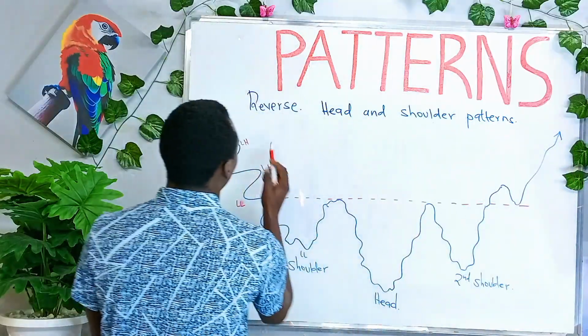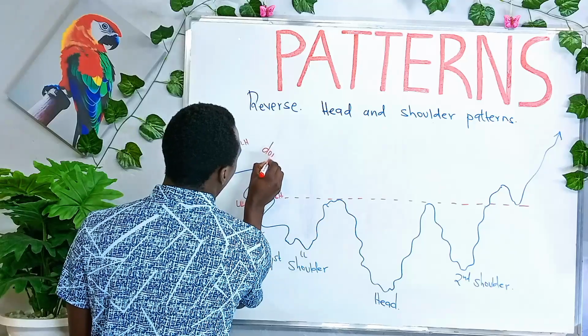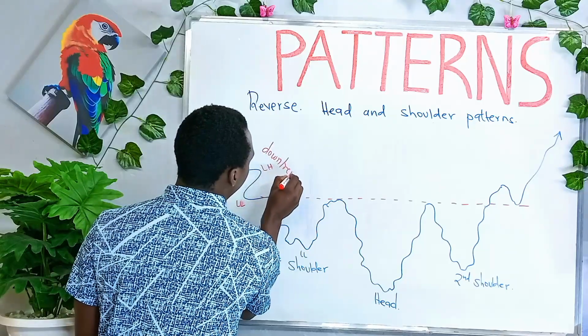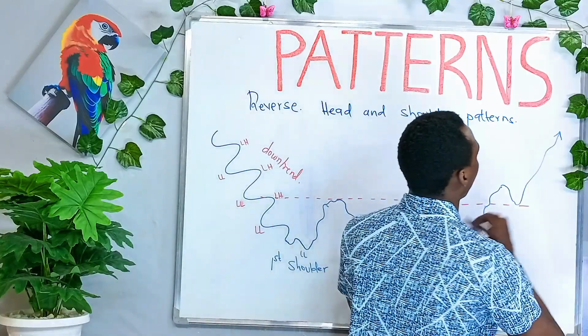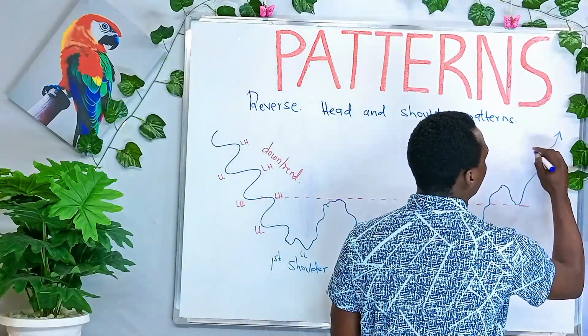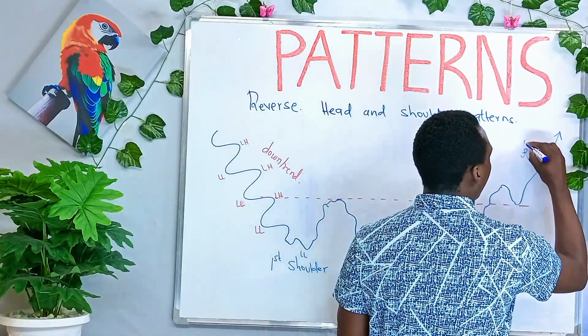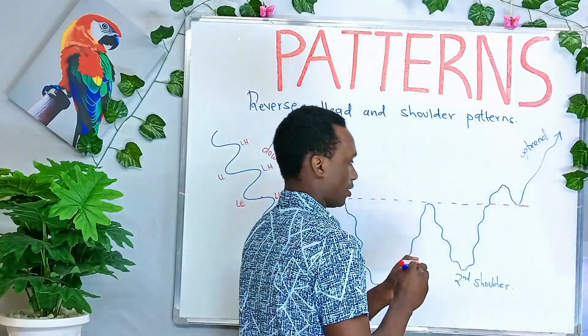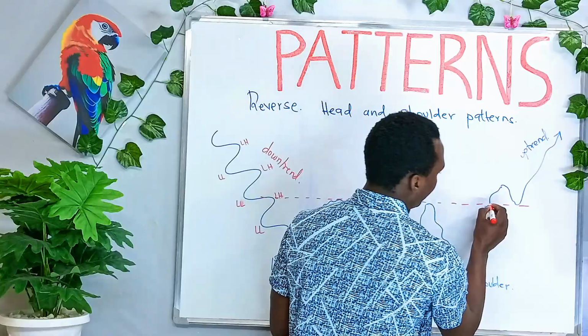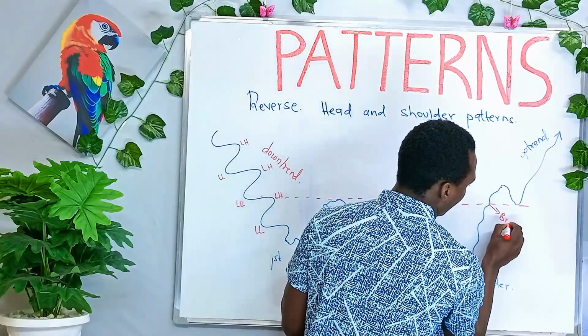Remember, here we were saying that we were on a downtrend. But when we come here, we have already changed the trend, and here we are in an uptrend. Okay, so what we call this one was a breakout.